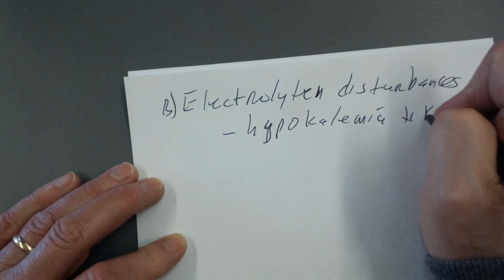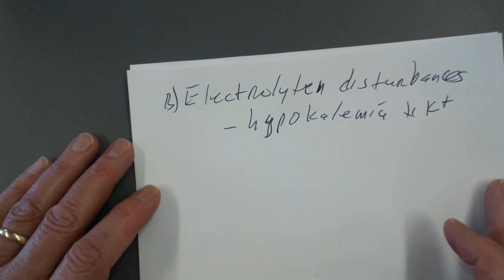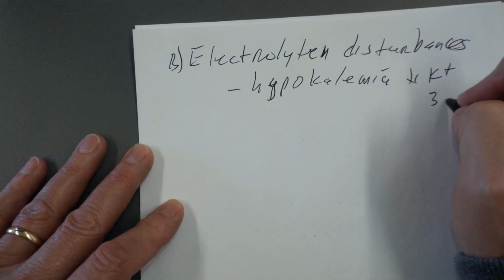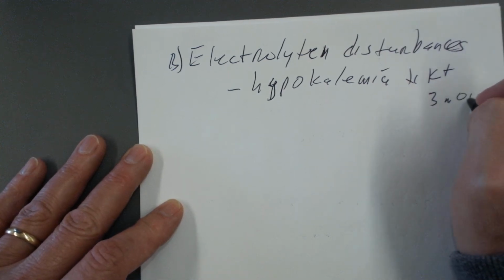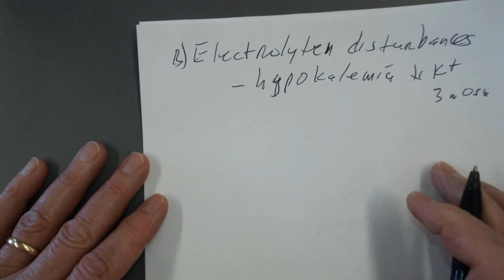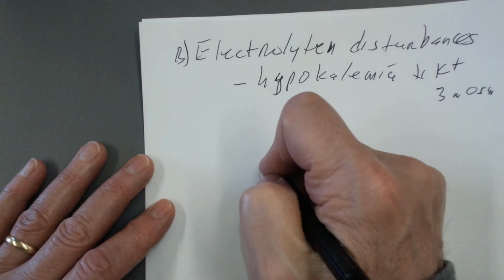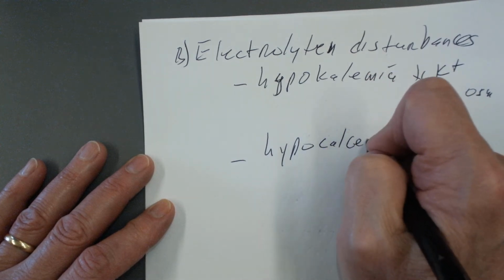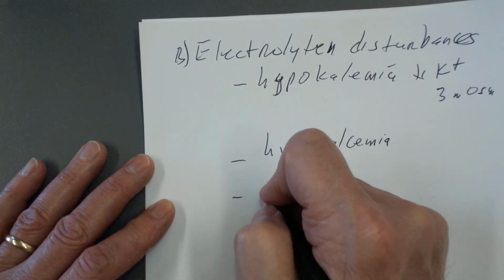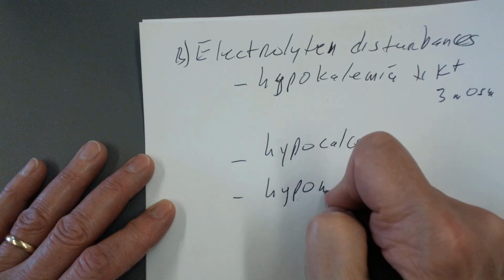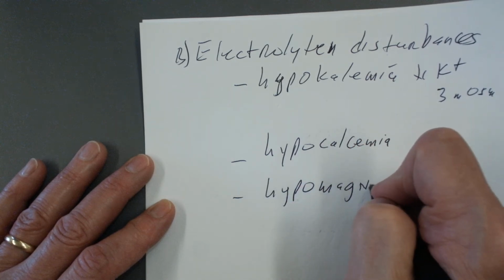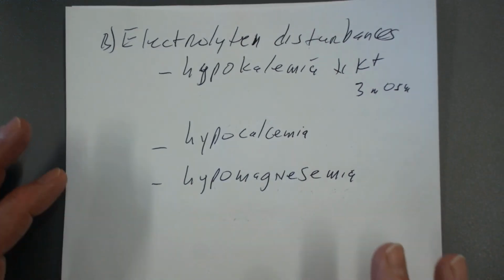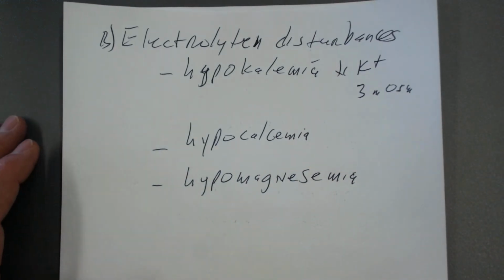That means your potassium's too low. That means your potassium is below 3 milliequivalents. Hypocalcemia can also. And so can hypomagnesemia. All three of these can predispose you to Torsade de Pointes.